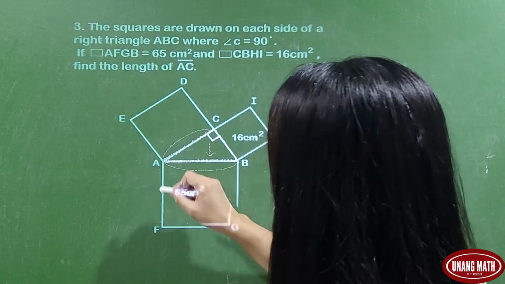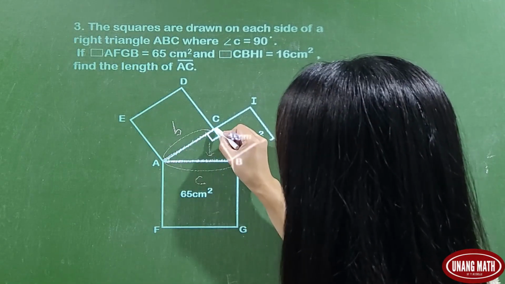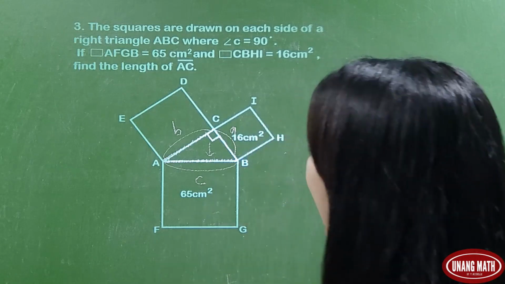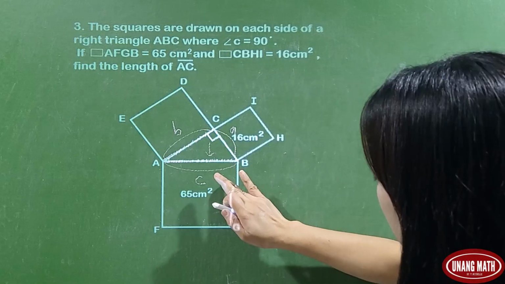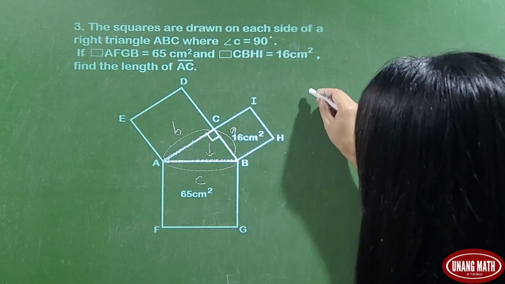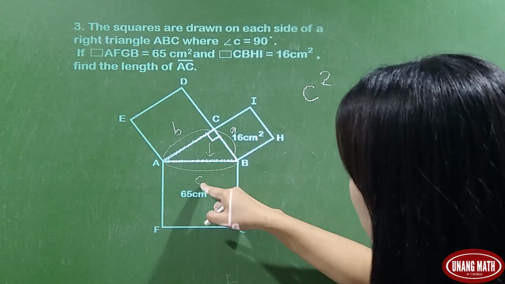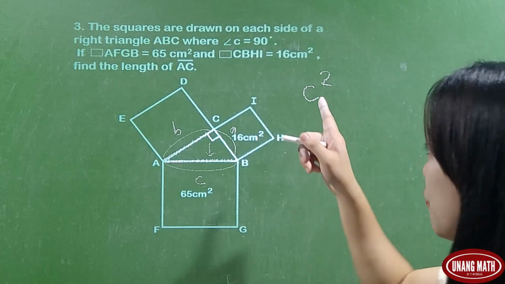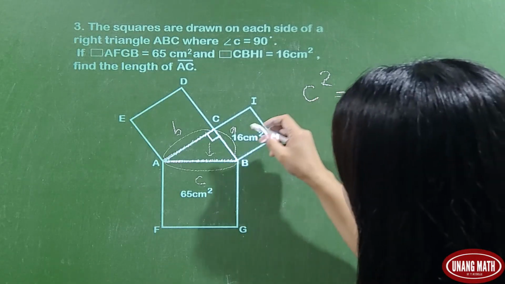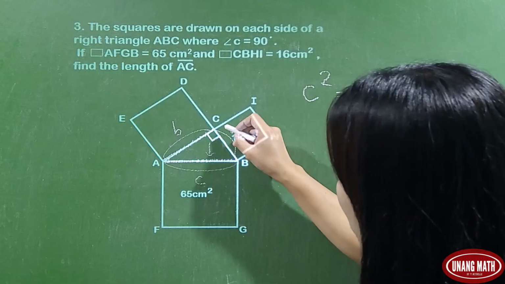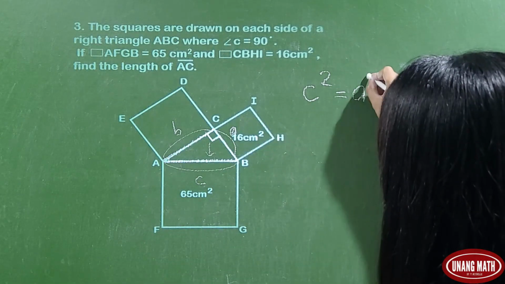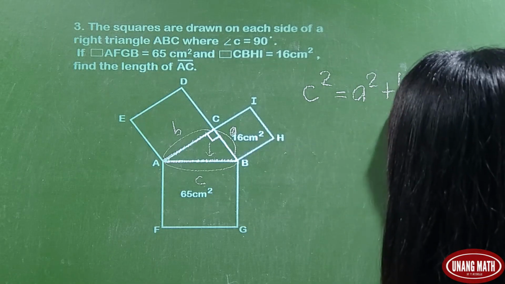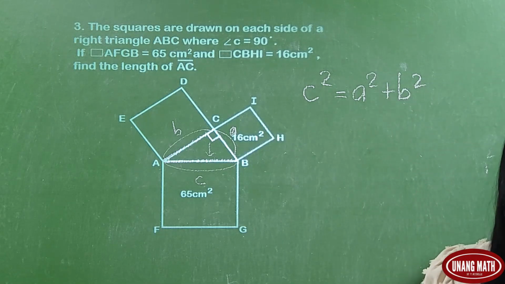This side is b, and this is a. So our Pythagorean theorem here would be c squared, because c is our hypotenuse. So c squared is equal to the sum of the squares of the two other sides, a squared plus b squared.